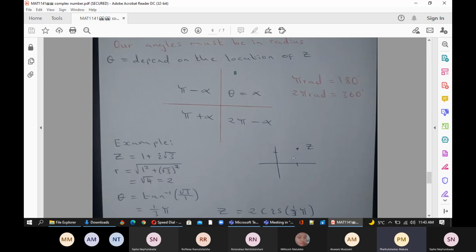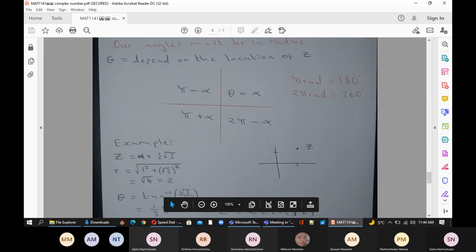As an example, let's say here there was a negative: it's -1 plus i root 3. To plot this, it is -1 and root 3. It was going to be here.